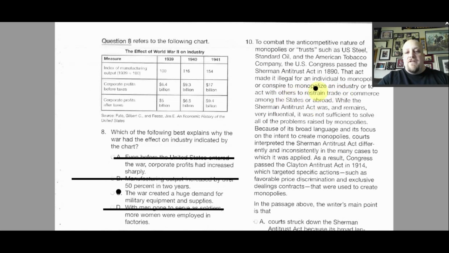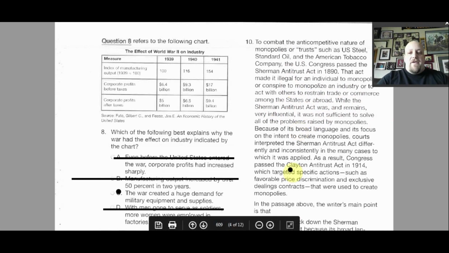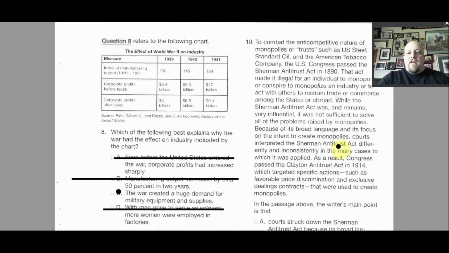So the Sherman Antitrust Act made it illegal for an individual or company to monopolize or conspire to monopolize an industry, to act with others to restrain trade or commerce among the states or abroad. While the Sherman Antitrust Act was and remains very influential, it wasn't sufficient to solve all of the problems raised by monopolies. Because of its broad language, meaning it had very loose language, it wasn't very specific, in its focus on the intent to create monopolies.